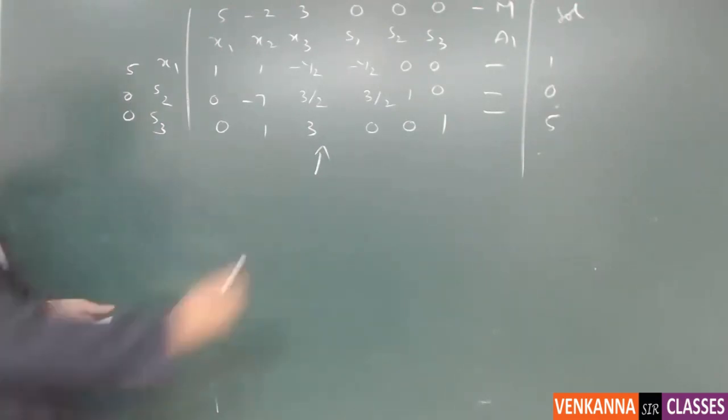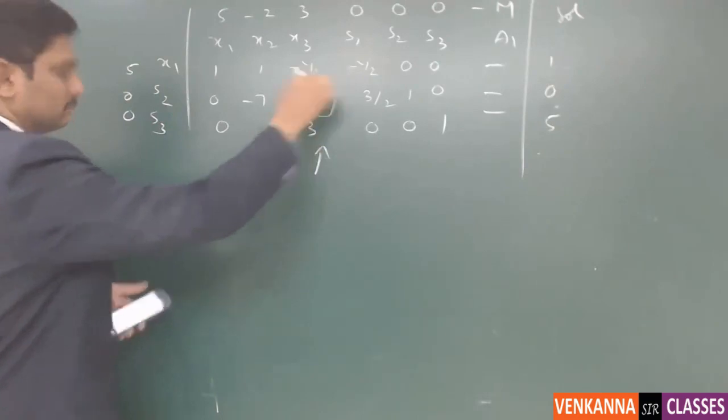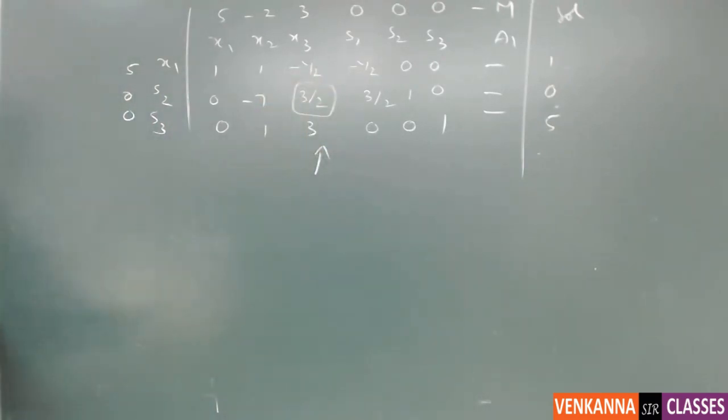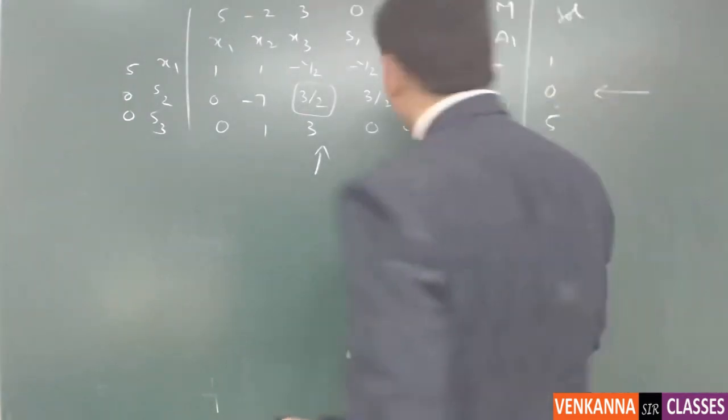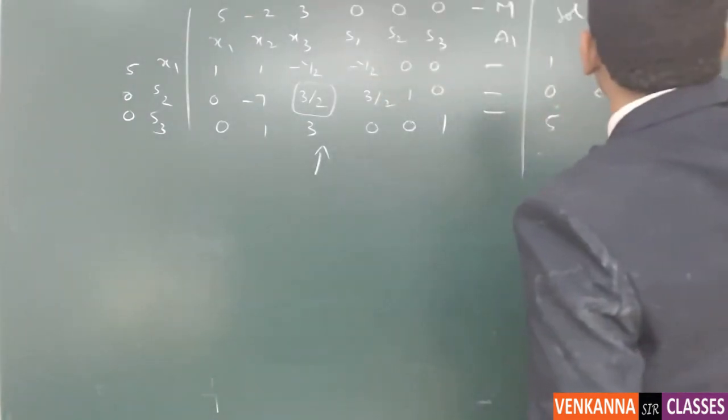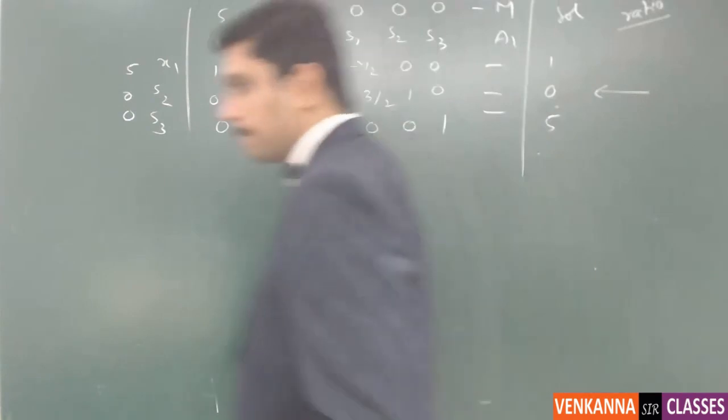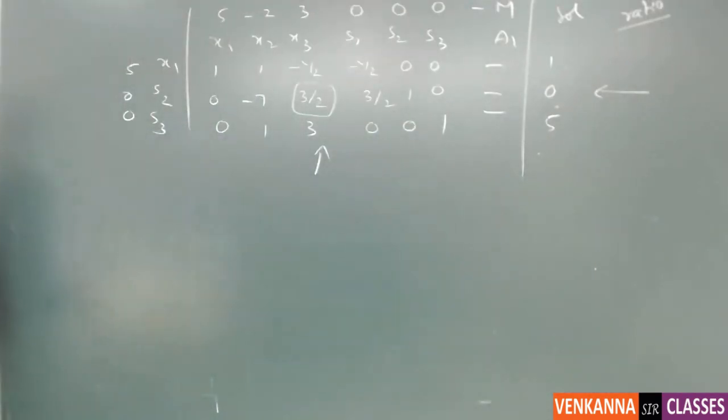And pivot element will be 3 by 2, because 0 is the minimum ratio here, if we calculate the ratio. Please check, is that key column correct or not? If so, I will write the next table.